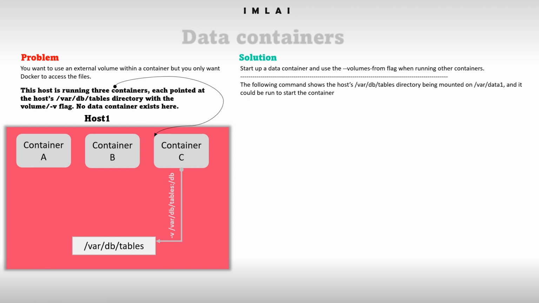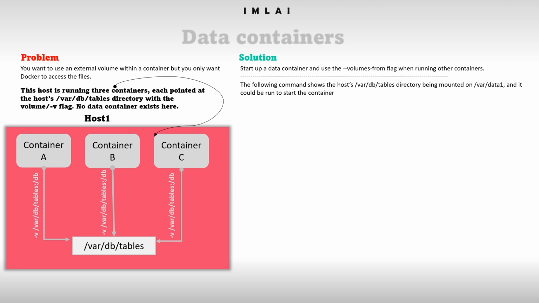Okay, so the internal directory db of container A is attached to /var/db/tables, container B's internal db directory is attached to /var/db/tables, and container C's internal db directory is attached to /var/db/tables.